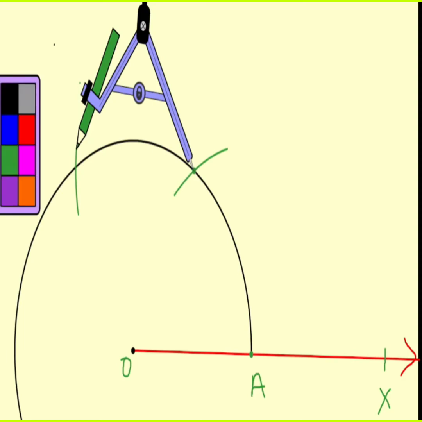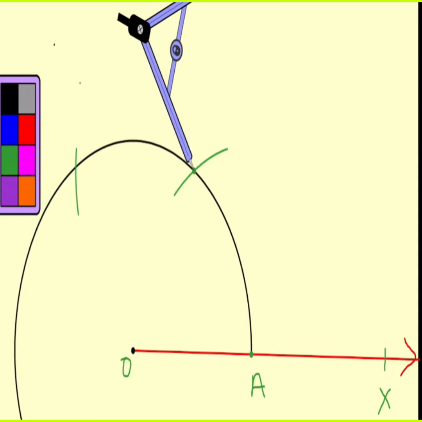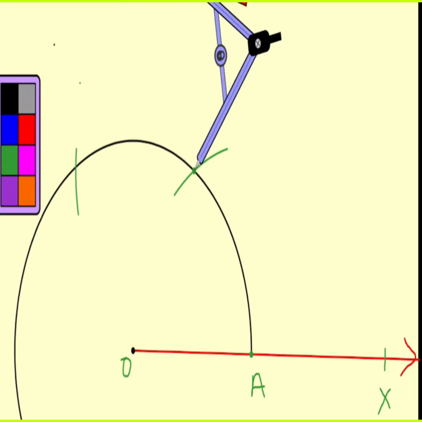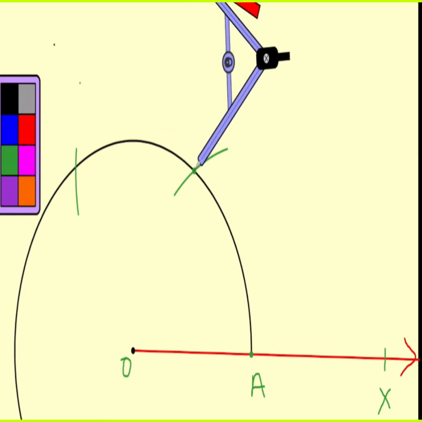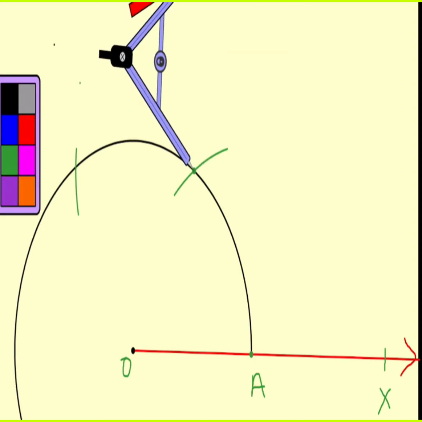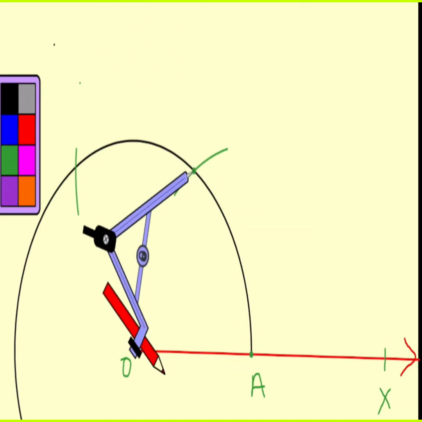And here what to do after this? You will mark one more arc between these two arcs.